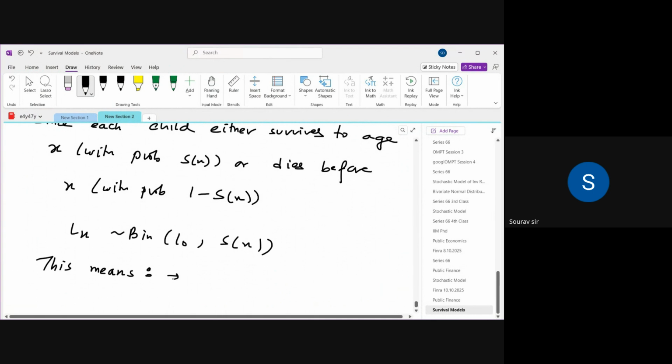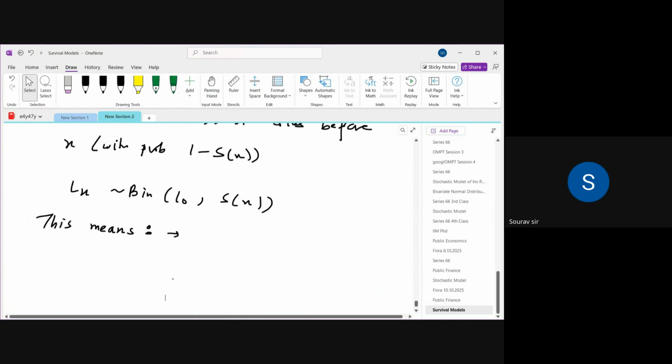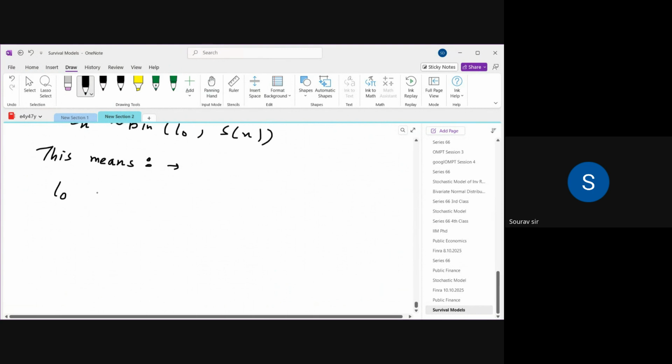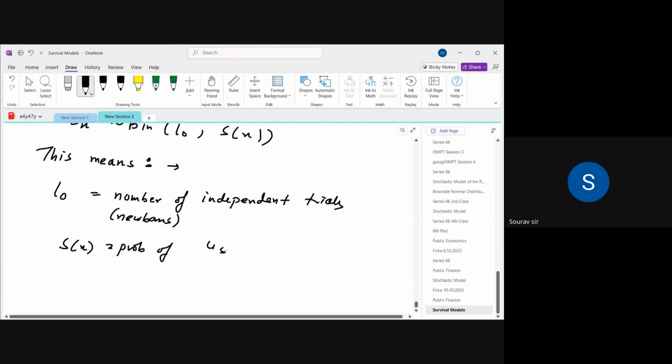This means L0 is the number of independent trials, that means newborns, and S(x) means the probability of success, so surviving to age x.